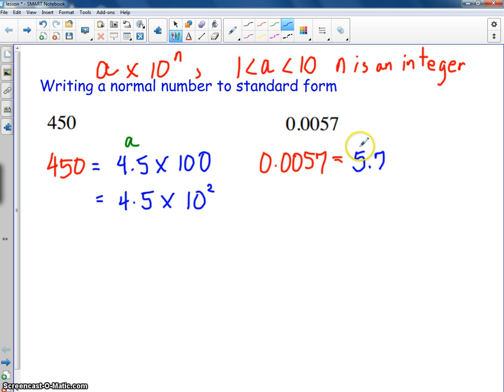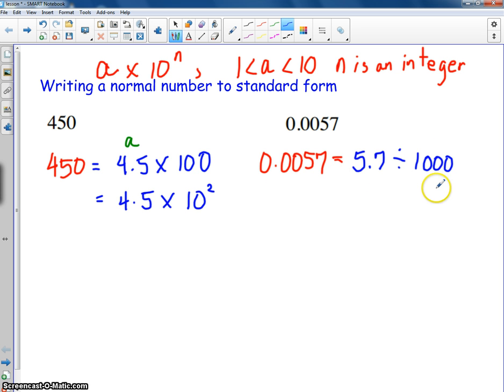And what do we need to do with 5.7 so that it becomes 0.0057? Now, you must be thinking that we should divide this number by 1000 so that it goes back to 0.0057.